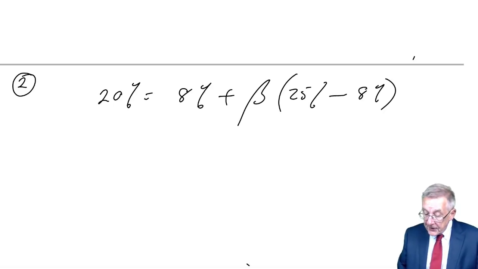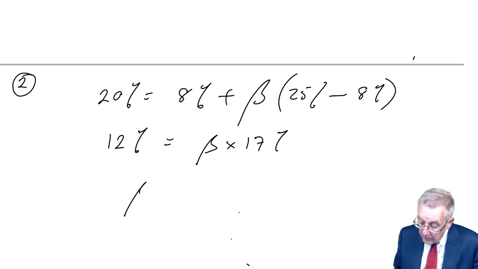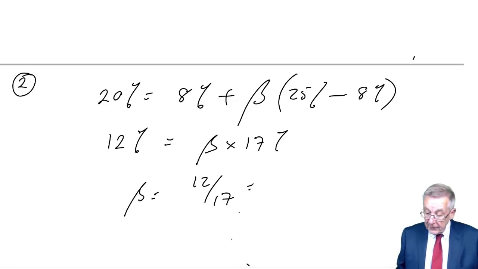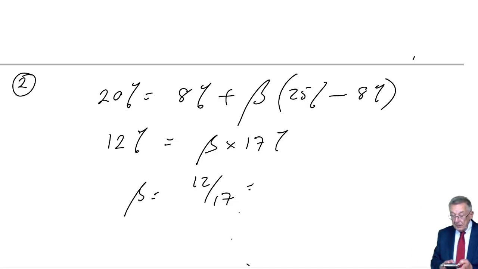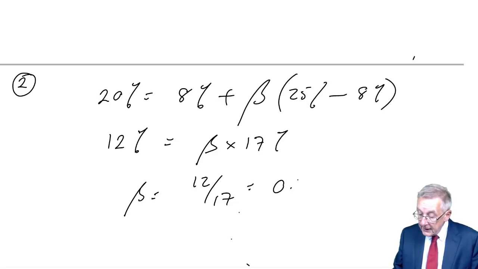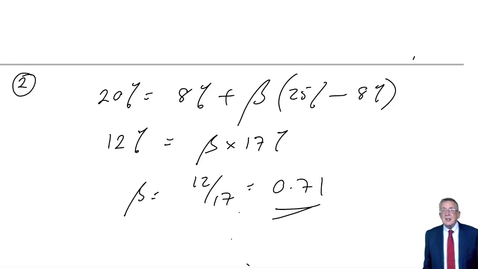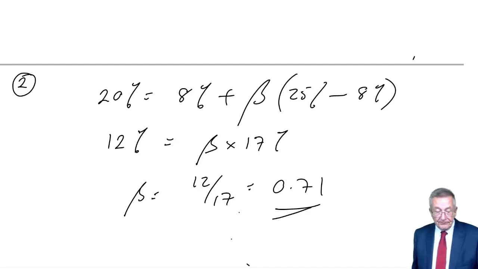So subtracting 8 from both sides, 20 minus 8 is 12, is beta times 25 minus 8, which is 17. Beta, therefore, is 12 over 17, the beta would be 0.71. We usually put it to two decimal places, but small bits of rounding in the exam don't matter.